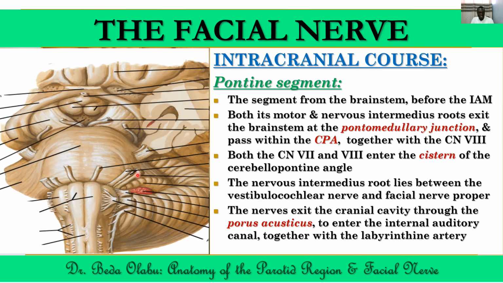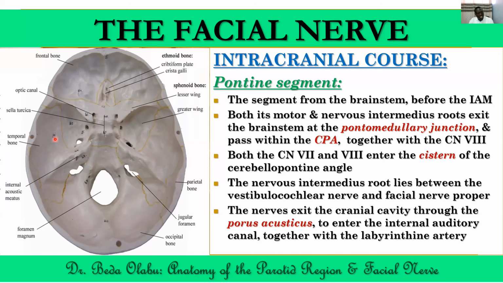This is the artery that comes from the vertebrobasilar system, going to supply the structures in the inner ear. This image shows you the opening of the internal auditory meatus there, the porus acousticus. The porus acousticus will tend to be slightly wider than the actual tunnel of the canal. But yes, it's the medial opening.